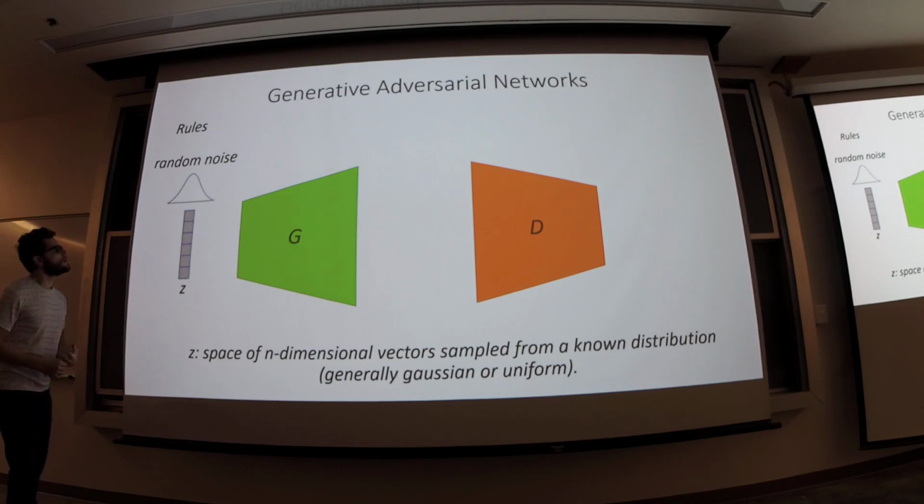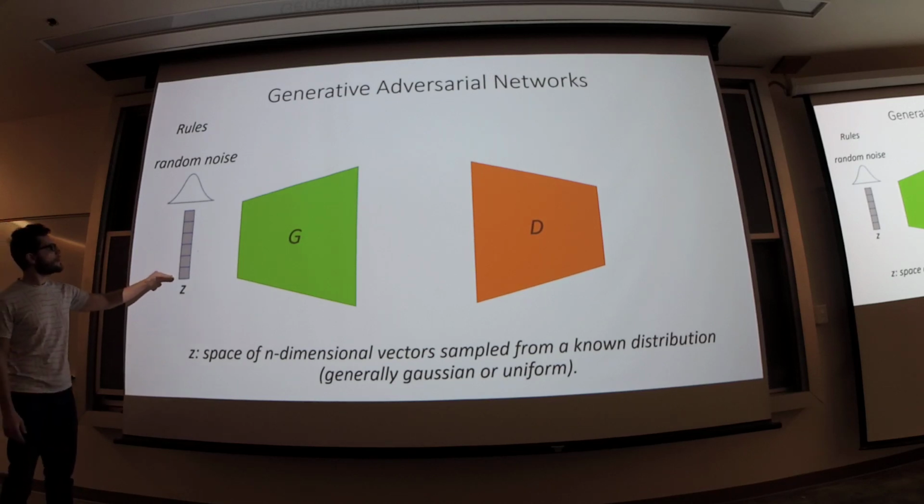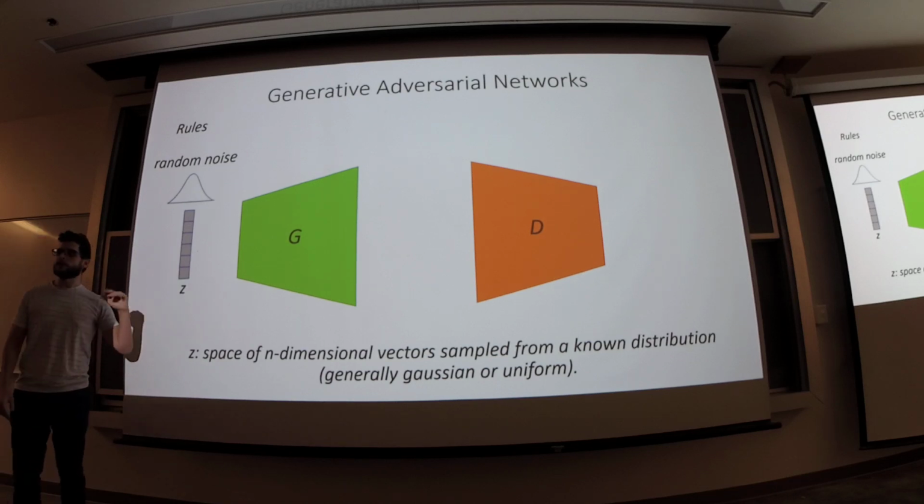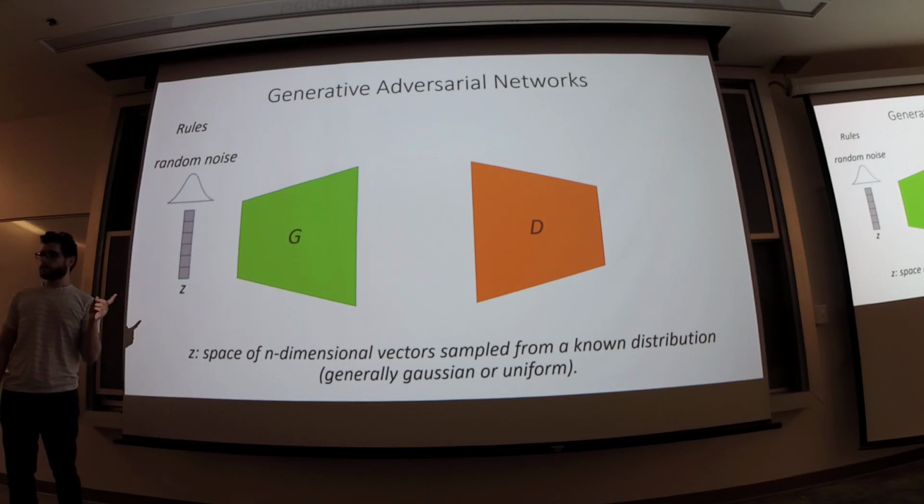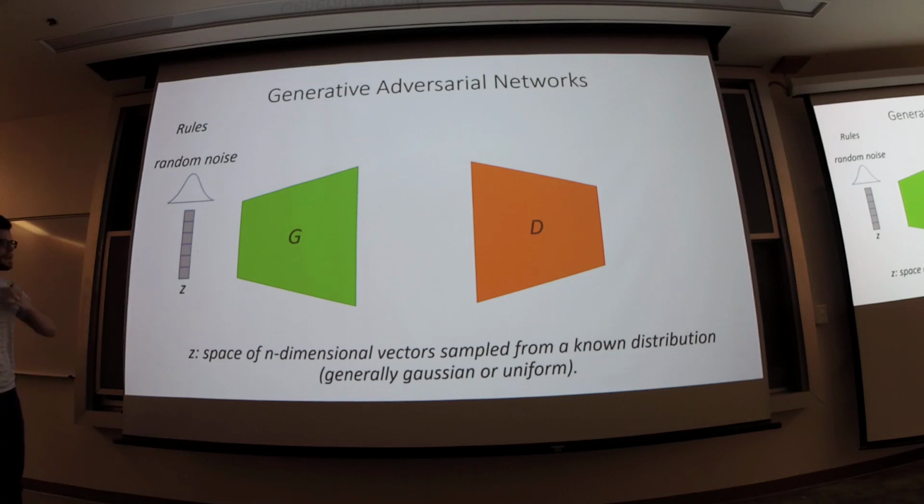So basically we obtain a vector for which each entry is independent from all the others, which is very easy for us to sample.